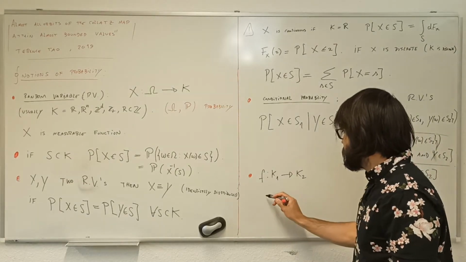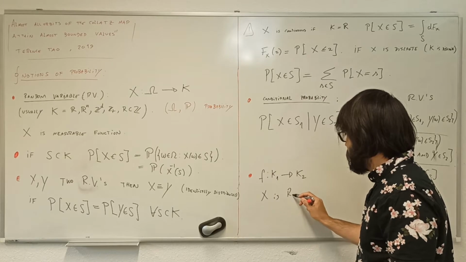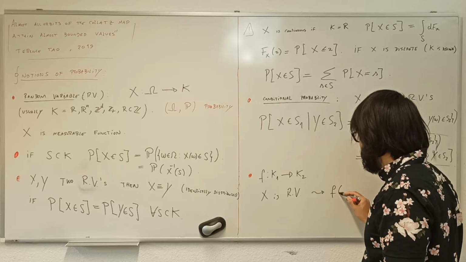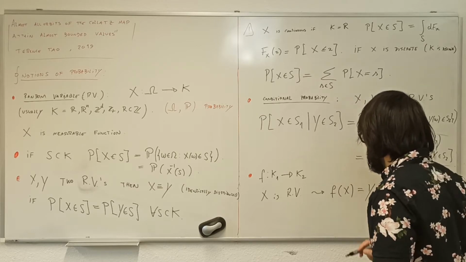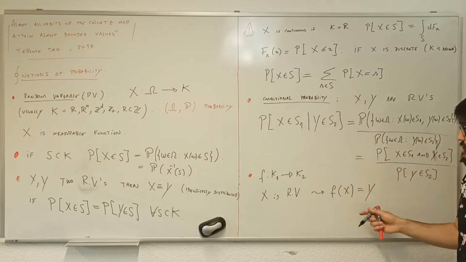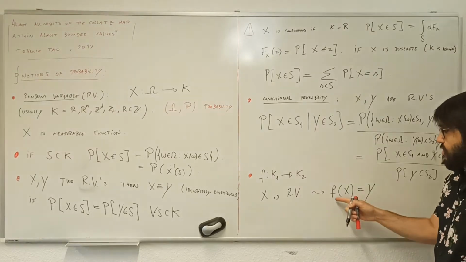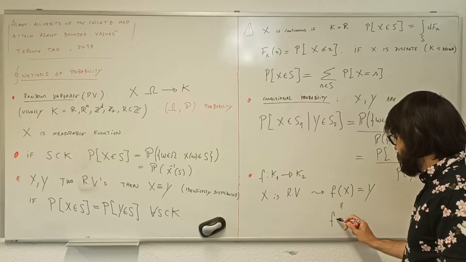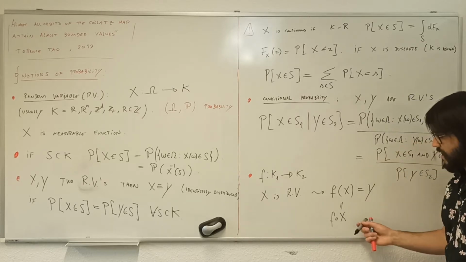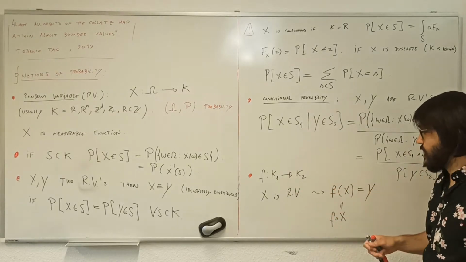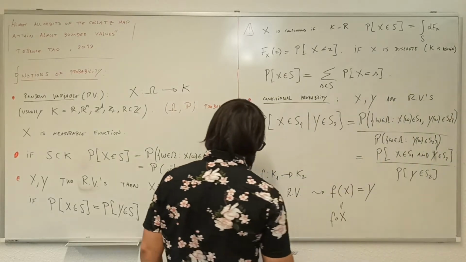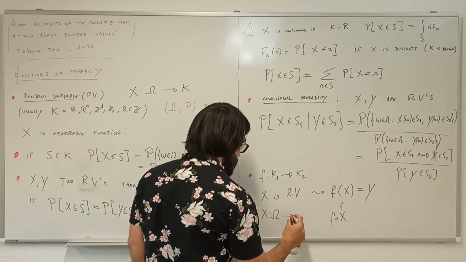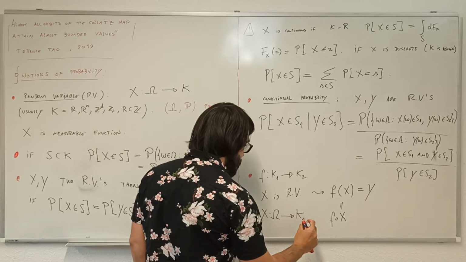So if X is a random variable, you can define the random variable f of X, which is just the composition, in the usual sense, f composed with X, which makes sense because X is mapping into K1. So suppose that X is mapping omega to K1.